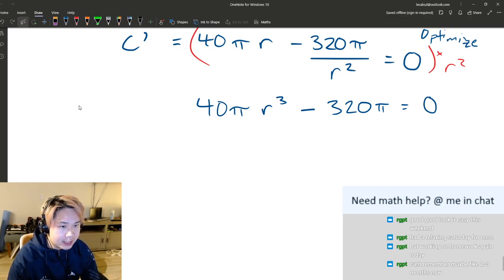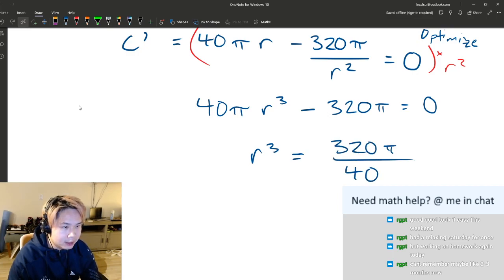So what happens now? r cubed is going to be 320 pi over 40 pi. And then pi's cancel. 32 divided by 4 is 8.